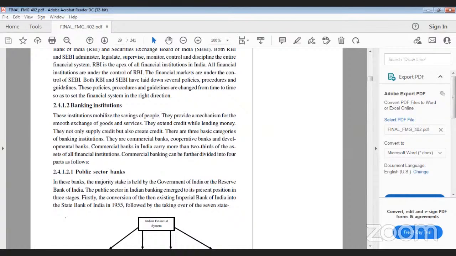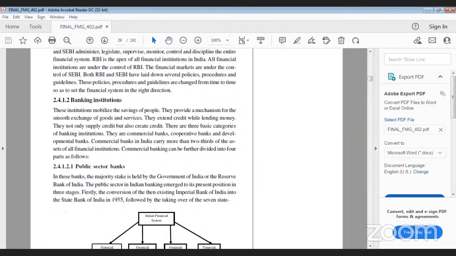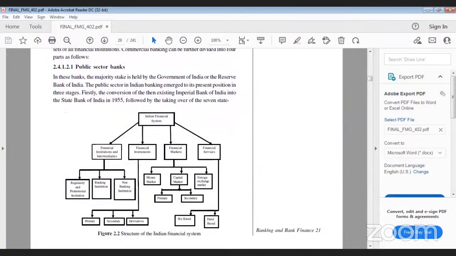Commercial banks in India carry more than two-thirds of the assets of the financial institutions. Commercial banks can be divided into four parts as follows. First is the public sector.